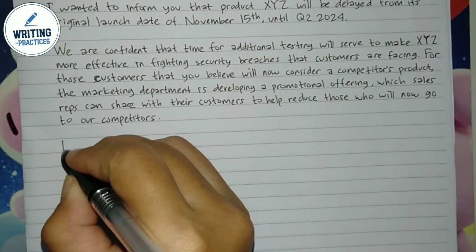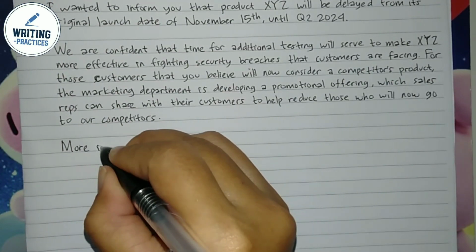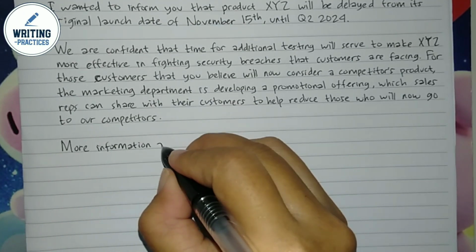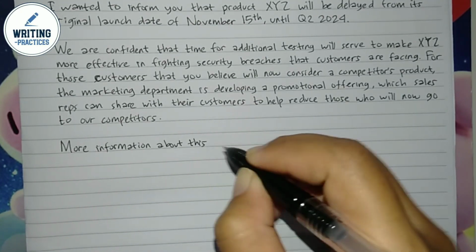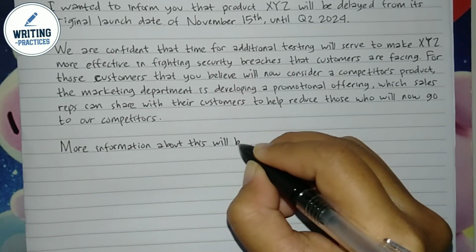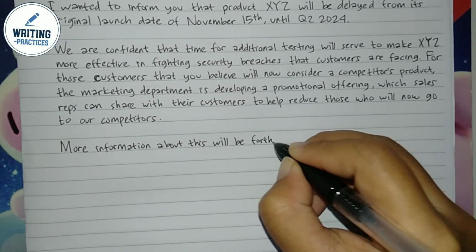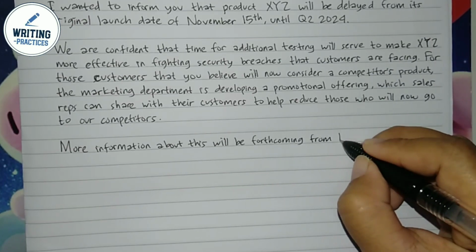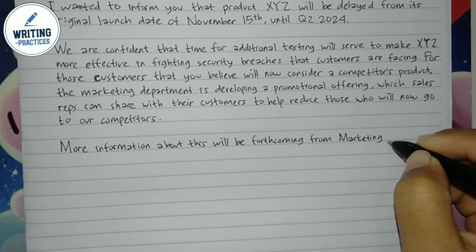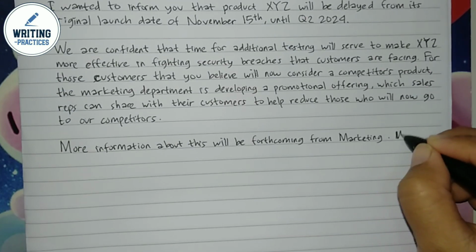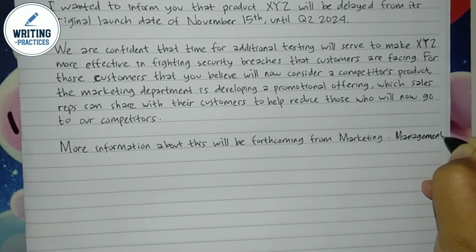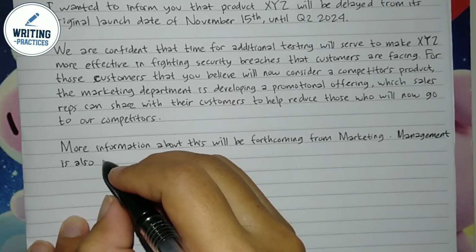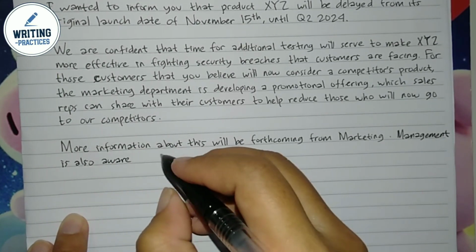In the third paragraph, you can direct the further information to a certain department. So, the staff will know where to go to get more explanation.